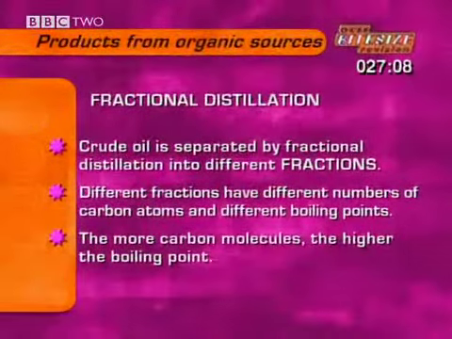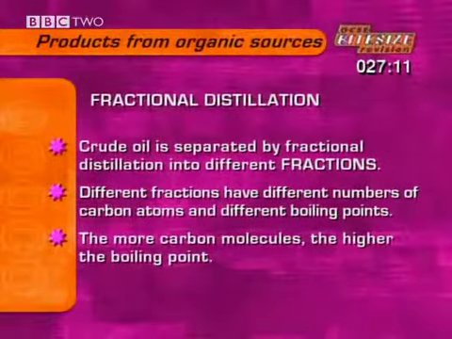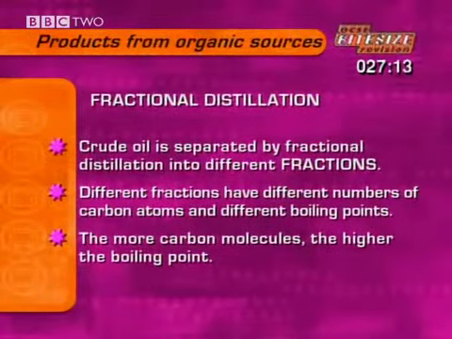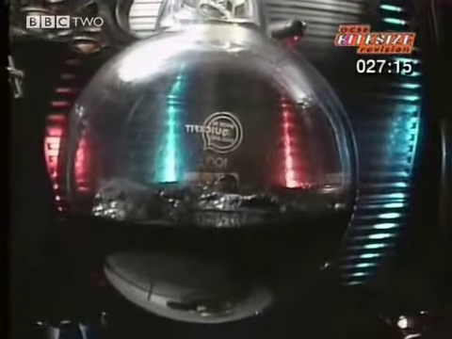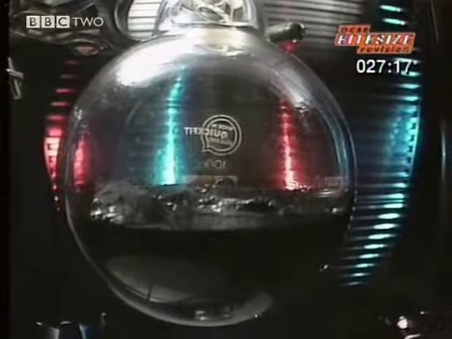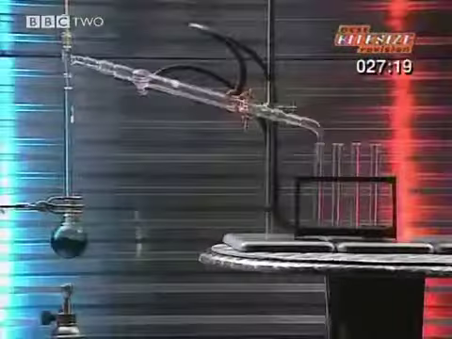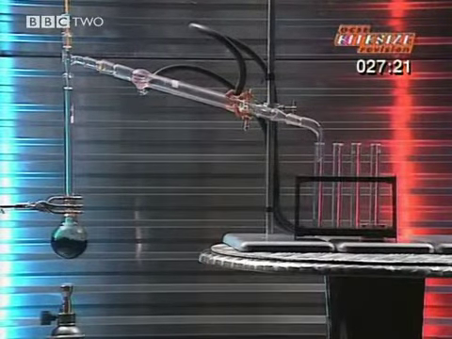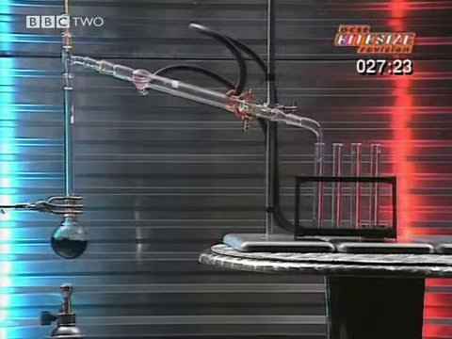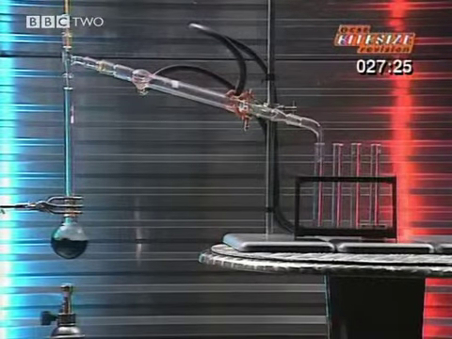Here's a laboratory demonstration of how fractional distillation works. Crude oil is a liquid. Many hundreds of solids and gases are dissolved in it. When it's heated, vapours are produced which rise up the glass tube and along the connecting tube to the right.